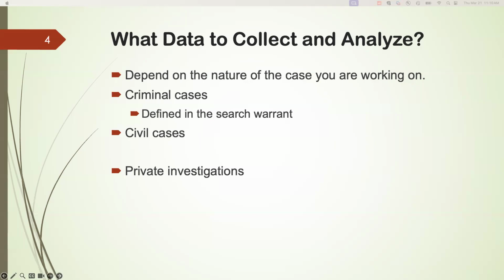For example, if the law enforcement is working on a case related to email extortion, where somebody is sending emails demanding money from other people, then your focus should be on email files, browser content, network connectivity, and those locations in your suspect's computer that will lead you towards the questions posed by the law enforcement: whether this person was sending the extortion emails from this PC or not. In case of civil cases, this is defined by the court order.